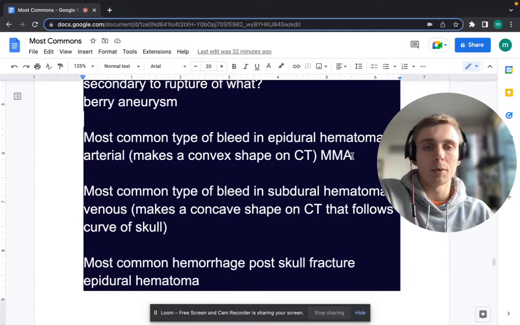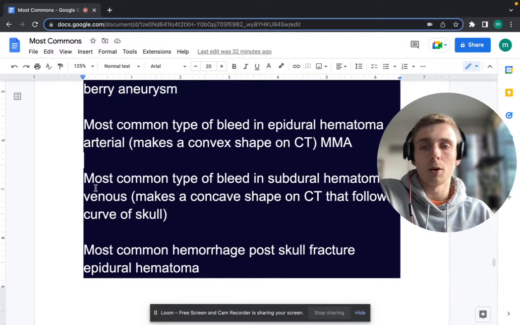So typically in the epidural hematoma, they'll have that lucid phase followed by decreasing consciousness and complications. So it's rupture of the middle meningeal artery, typically from a temporal bone fracture, and they'll have that lucid interval.